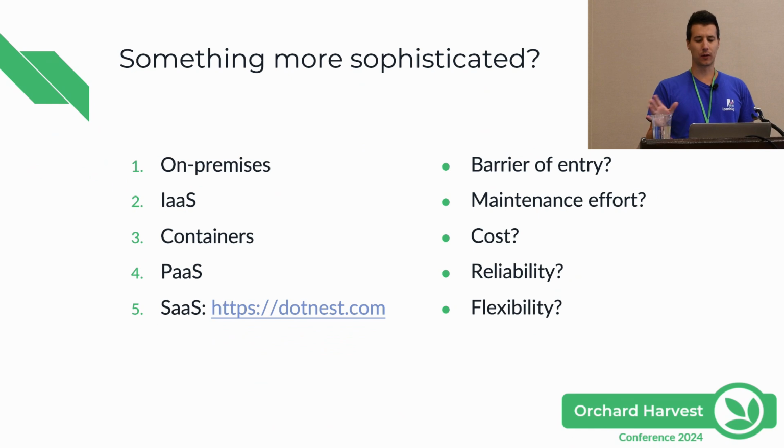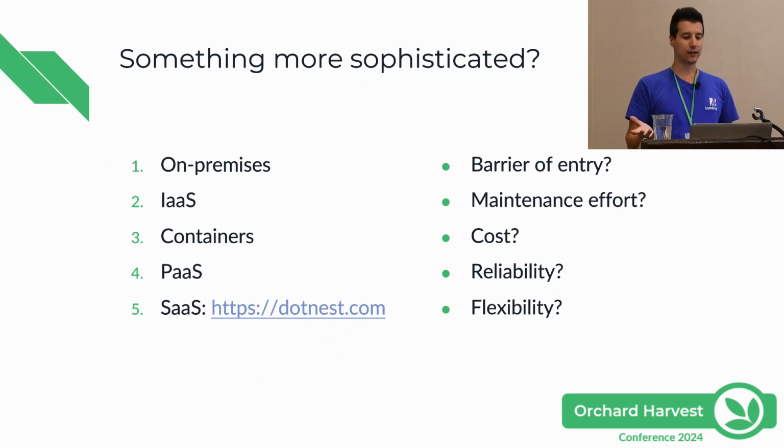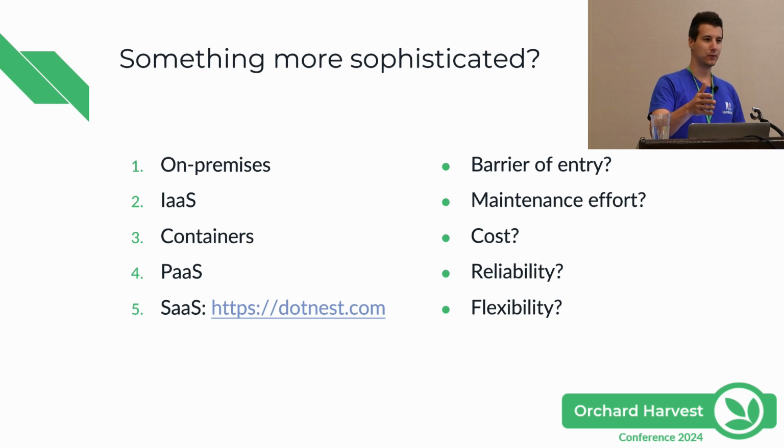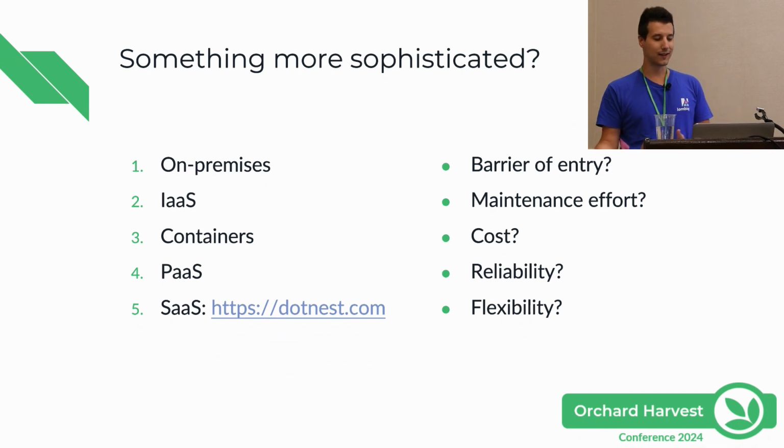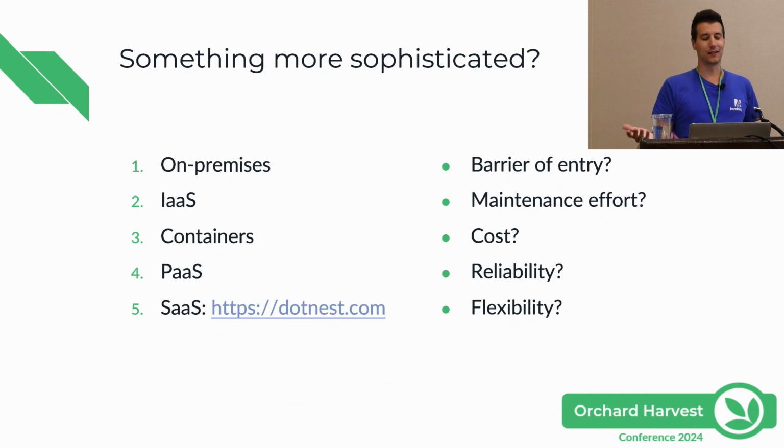So we have all of these options, and you really need to decide which is best for you. I kind of think about it as investment advice. If someone tells you that 100% this is the thing that you need to do, then that person doesn't really know what they are talking about, because they don't really know you and your cases. So this is something that you need to investigate for yourself, and there's a bunch of parameters that need to be looked into, like barrier of entry.